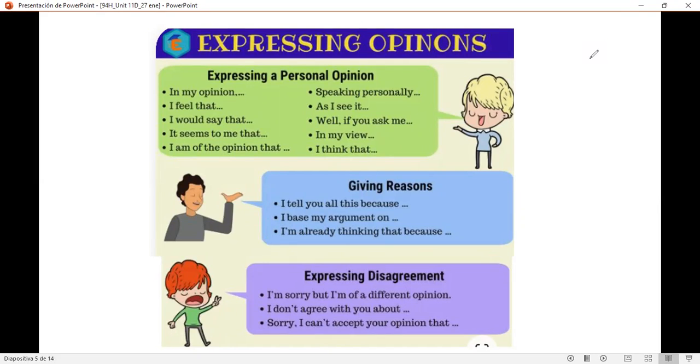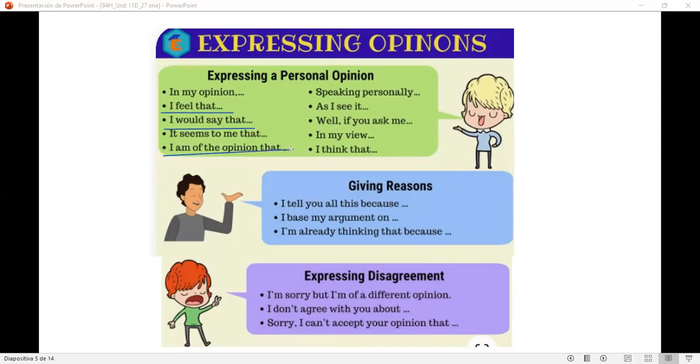I see, or as I see it, I think, I believe, I feel. Aquí tenemos otras nuevas, como por ejemplo, I feel that, I would say that, yo diría que, it seems to me, me parece que.